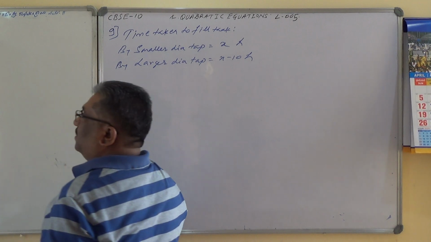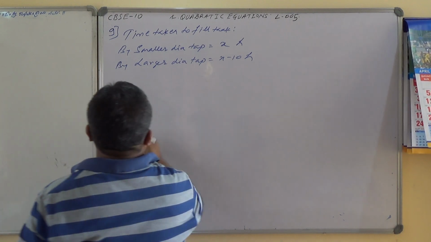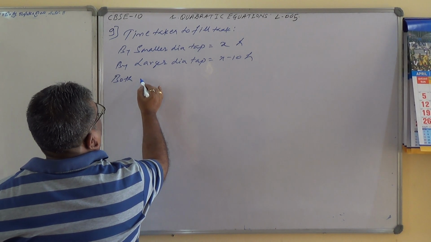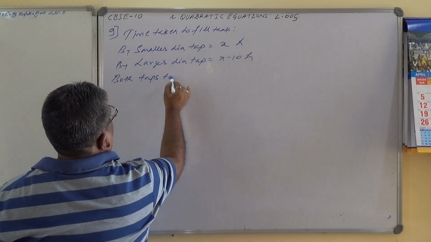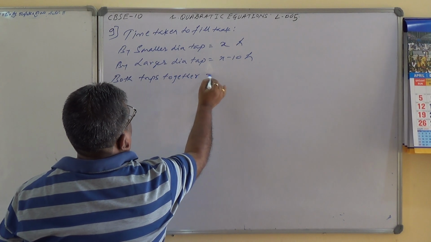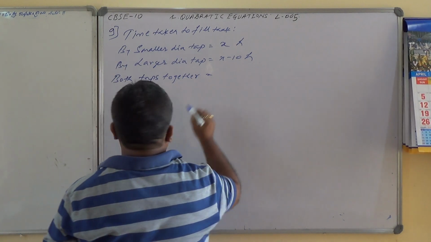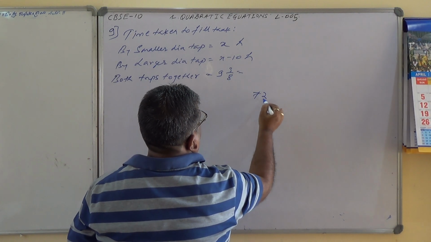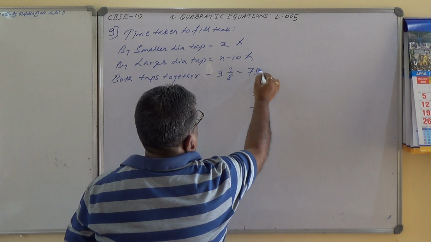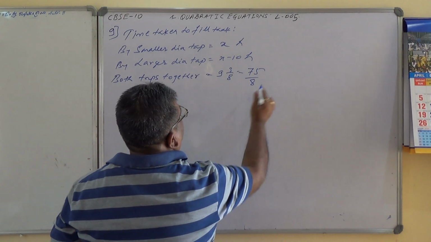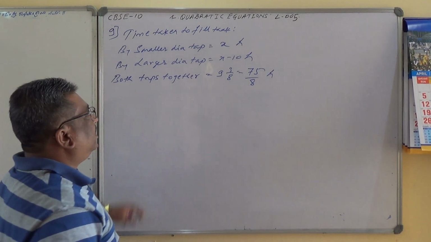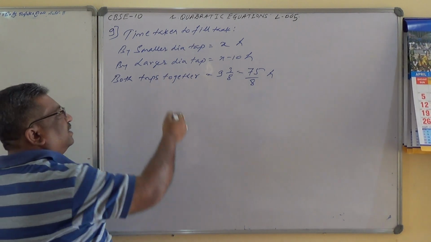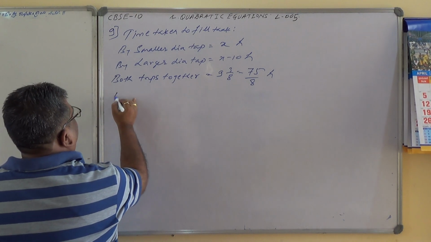Next, both taps put together take 9 integer 3 by 8 hours, which is equal to 75 divided by 8 hours. What you have to calculate here is the portion of the tank filled in 1 hour.